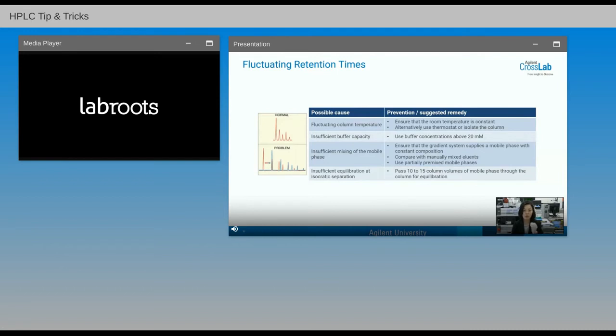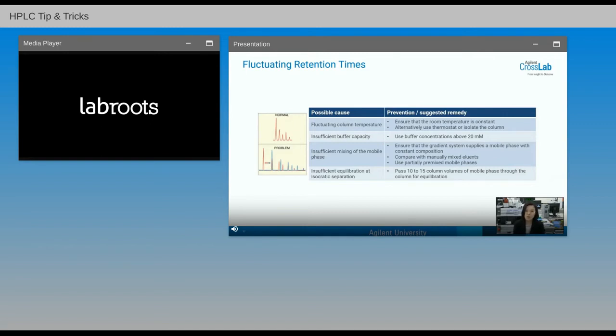Especially when your solvents are very volatile, at different temperatures the viscosity and the volatility all change, the flow of the solvent changes, and the miscibility of the solvent changes. It will definitely affect your retention time because the solvent characteristics change at different temperatures. Sometimes it could be due to your method, meaning the buffer capacity used may not be sufficient.